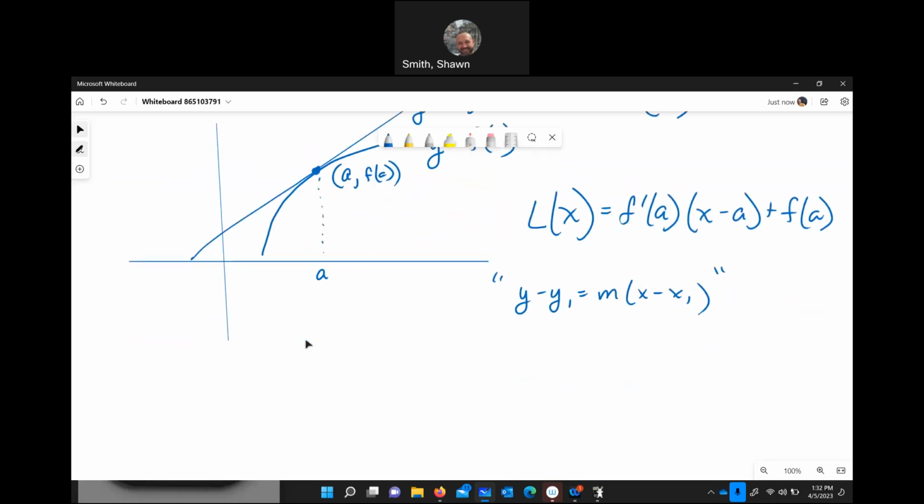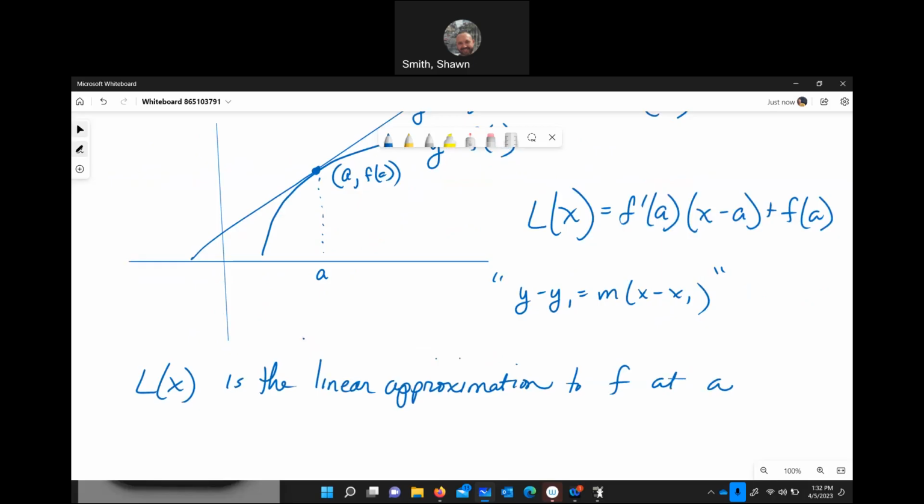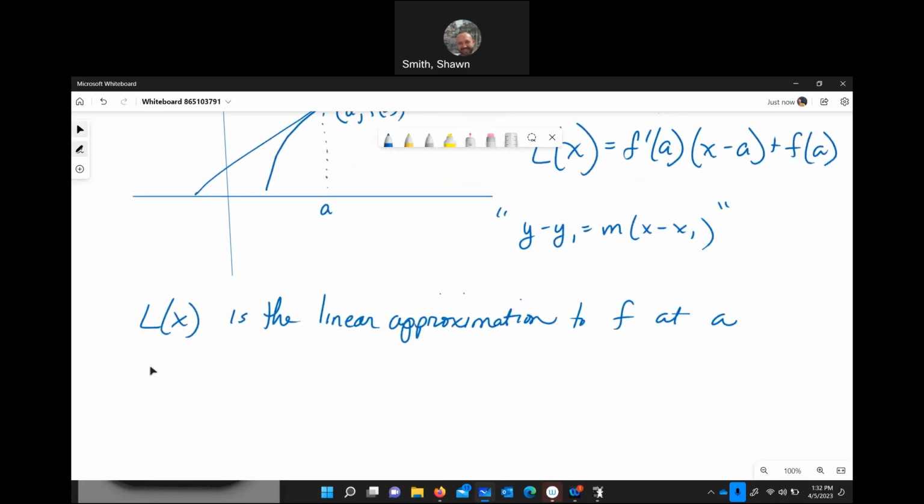So this L of x is the linear approximation to f at a. f of x is close to L of x for x near a.